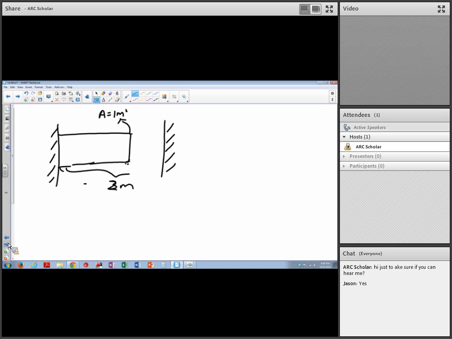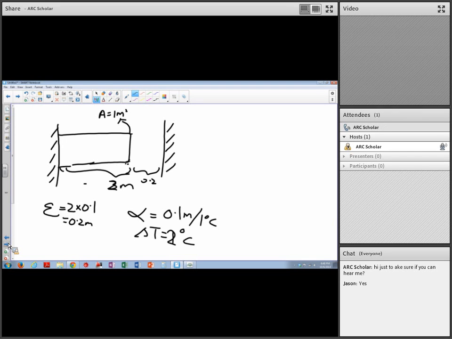So if the question is now delta T, let's say, you can calculate the elongation was 0.2.